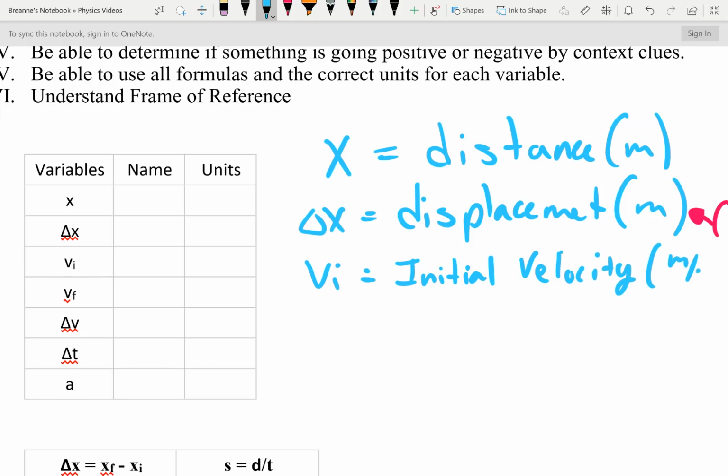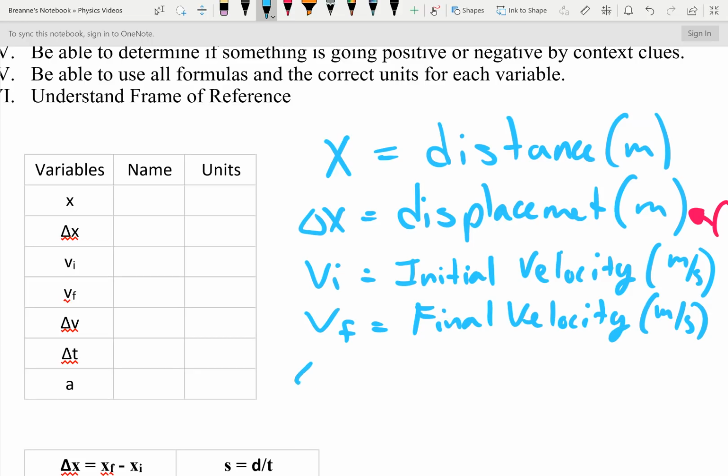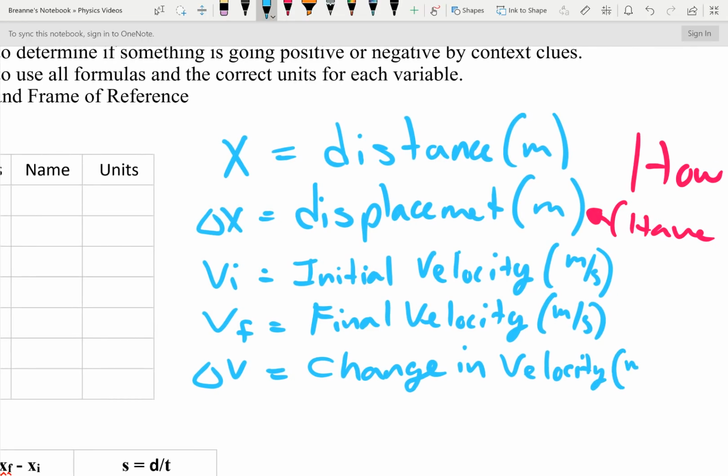That is measured in meters per second. vf is final velocity, still measured in meters per second. Your delta v is just your change in velocity, still measured in meters per second.